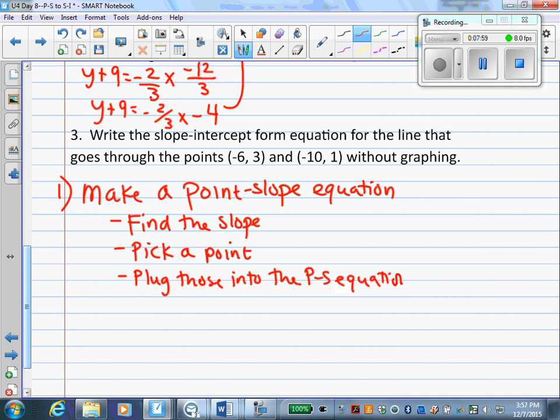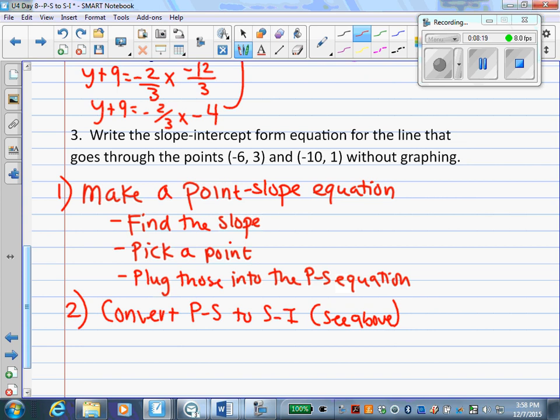Then we'll have a point slope equation and we just follow the steps that we already did. So our second big step will be convert from point slope to slope intercept. And I'm going to say C above because we already explained the steps to do that up above.